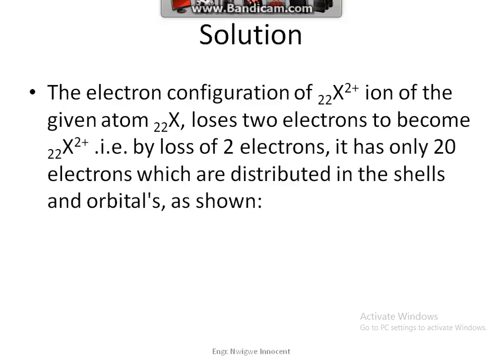That is, by loss of 2 electrons, it has only 20 electrons which are distributed in the shells and orbitals as shown: 1s2, 2s2, 2p6, 3s2, 3p6, 4s2. Therefore, the answer is C.